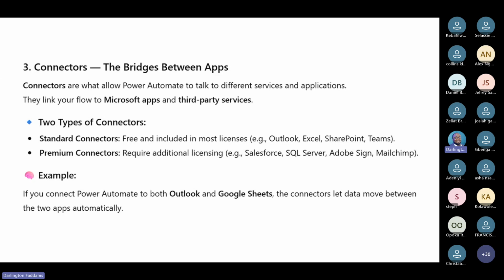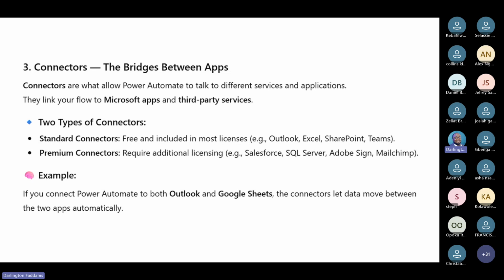So that is outside the Microsoft ecosystem. And so your server is different. And so to send information from your server to Power Automate, it falls under the premium connectors. That connector is called an HTTP connector, and it is a premium one.